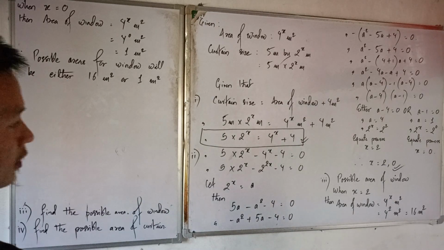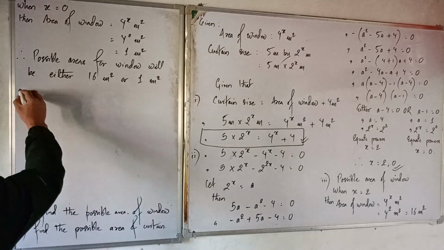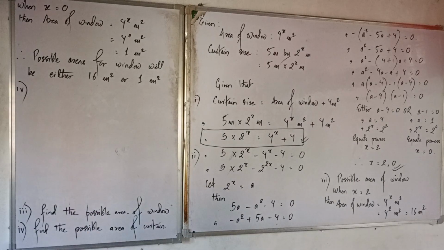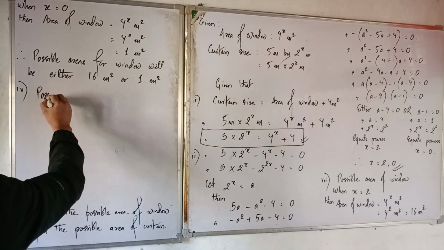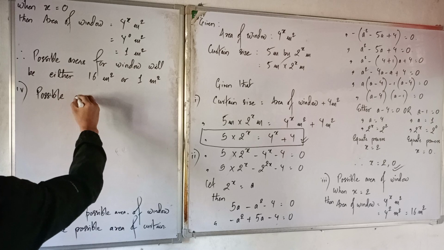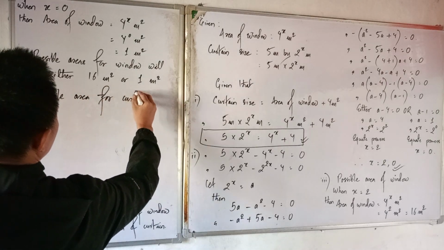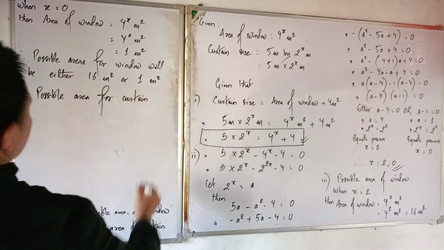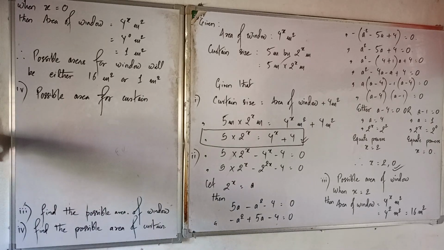So after this, let's move on to the next. In number IV, possible area of curtain. In that case also you have to put both the values of x. First substitute the value of x by 2, then you will get one value, and substitute the value of x by 0, you will get another value.